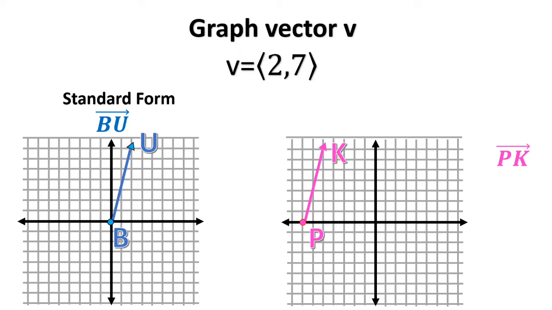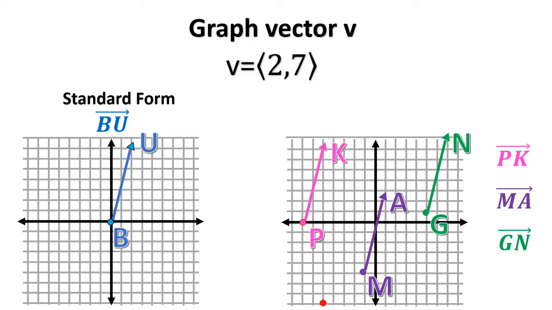Here are 2 more graphs of vector v. Vector MA and vector GN are both graphs of vector v. You can start the graph of vector v at any point you like. Let's say we decide to place the tail at this red dot.